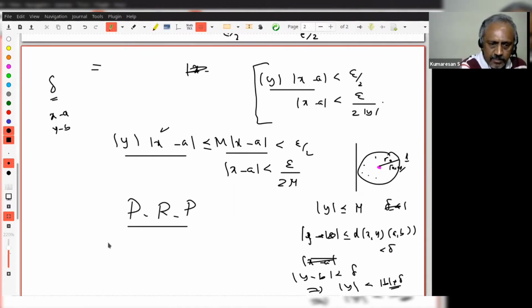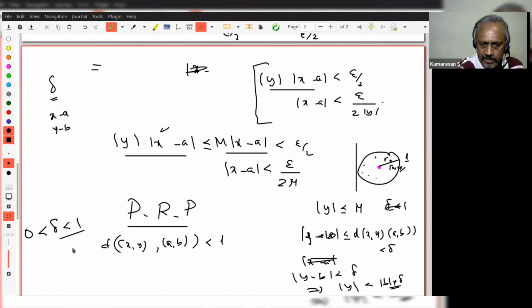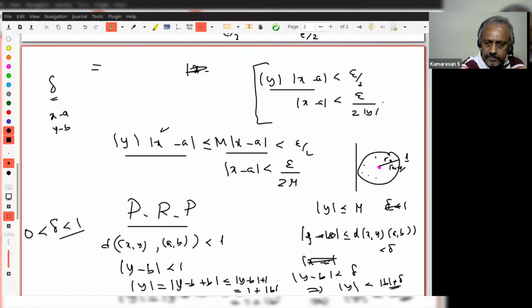Therefore, the distance between (x,y) and (a,b), I am letting it be less than 1. This is the same as saying I am assuming my delta is less than 1 to start with. In particular, mod y minus b is less than 1. Therefore, mod y equals mod of y minus b plus b, which by triangle inequality is at most mod y minus b plus mod b, so it is less than 1 plus mod b. That's what I wrote.